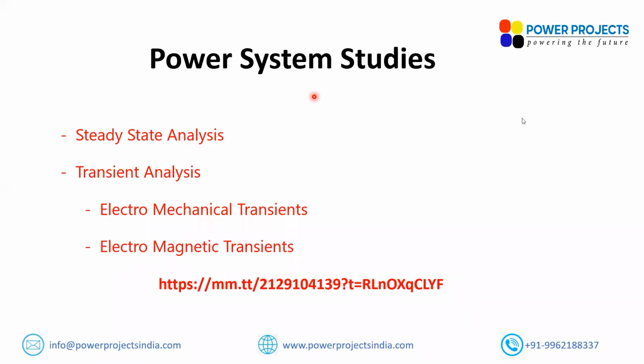That comes under electromechanical transients. The example I have given is rotor angle stability, right? Electromechanical can be further classified into many things, but what I have talked about is one example, that is rotor angular stability.